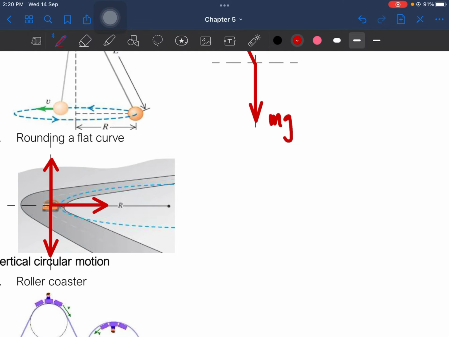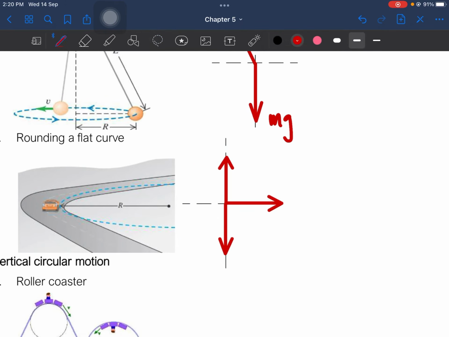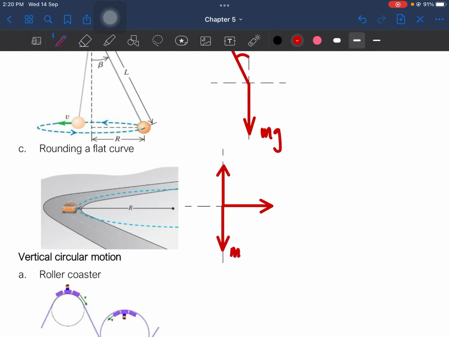If we label it, it is mg, this is your static friction, this is your normal force. For anything with cars, you draw the static friction going towards the center of the circle.